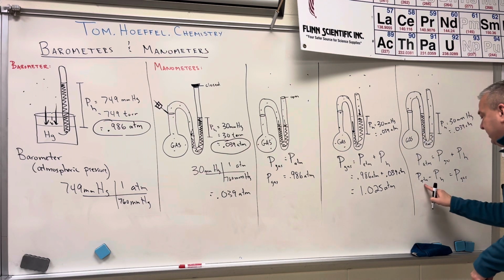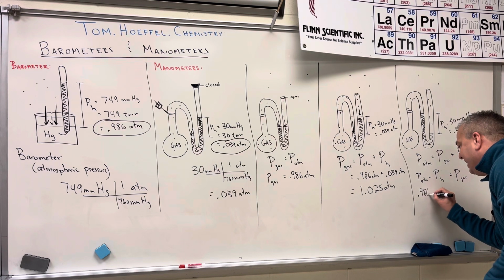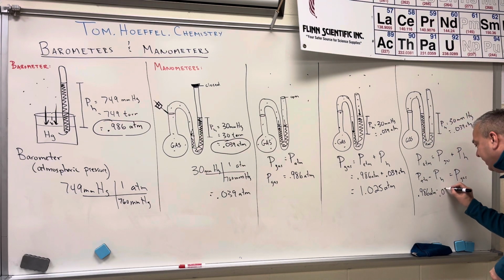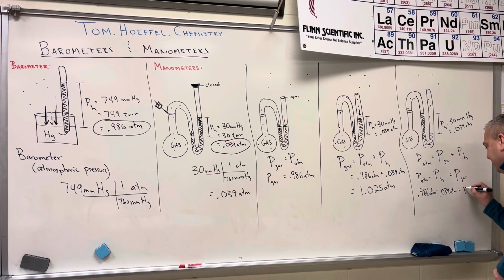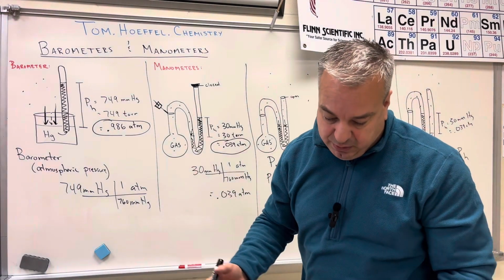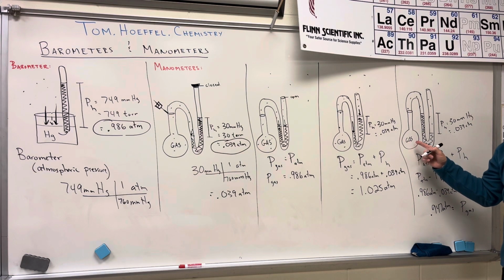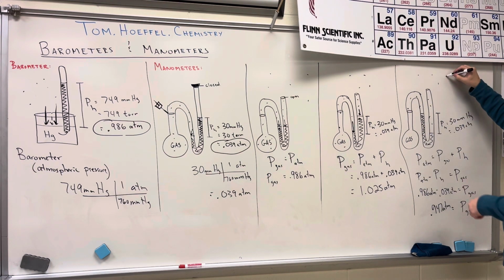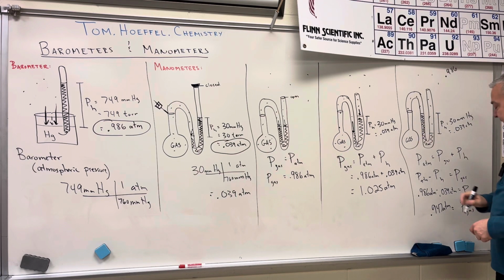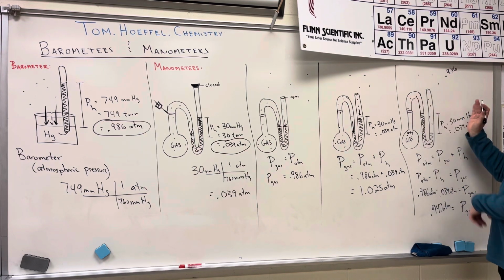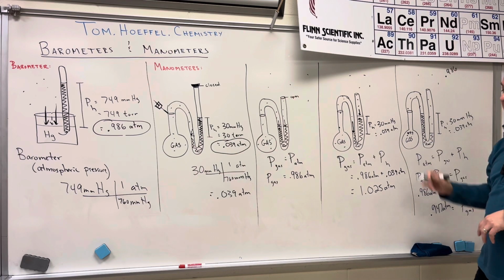So this gas pressure is equal to the atmospheric pressure, 0.986 atm, minus the difference in height, 0.039 atm. 0.986 minus 0.039 gives me 0.947 atm, because this gas pressure is not as strong as the outside. If the outside is 0.986, inside here is only 0.947, and that's why you see more of a push on the right-hand side, where the atmospheric pressure is, than on the gas side.